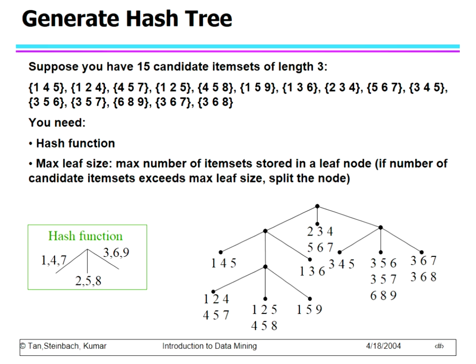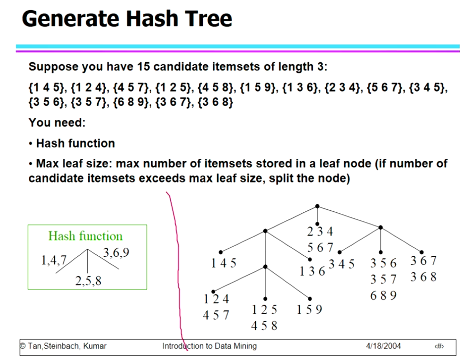So to generate a hash tree, you need a hash function and a max list size, the max number of item sets stored in a list node. If the number of candidate item sets exceeds the max list size, we will split the node.